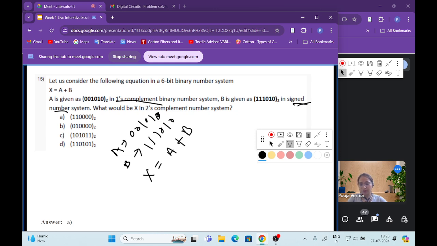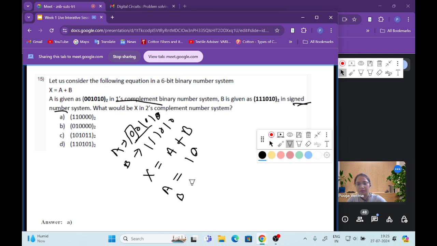So how will you solve this question? What is the decimal equivalent of a? Can anyone tell me? 0 0 1 0 1 0, if you calculate it, you will get 10. And MSB is 0, so it is a positive number.